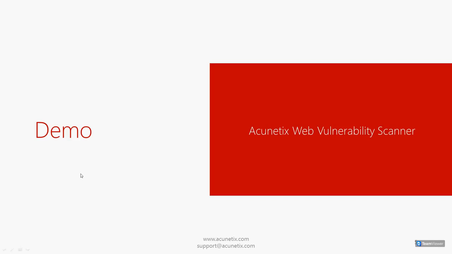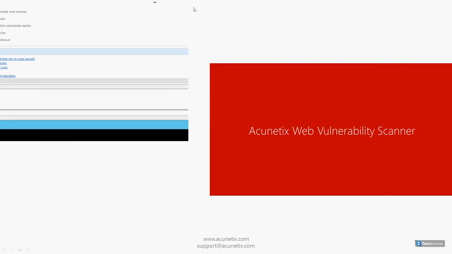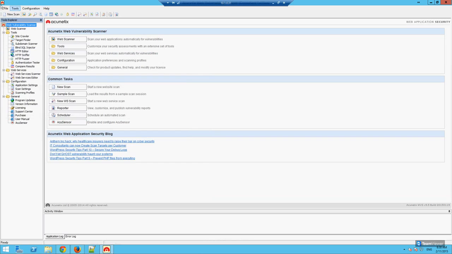So I'm going to pull up here. I'm going to start out by just going through a basic scan, and I'm just going to go through the wizard, and we'll go through features as we go along.